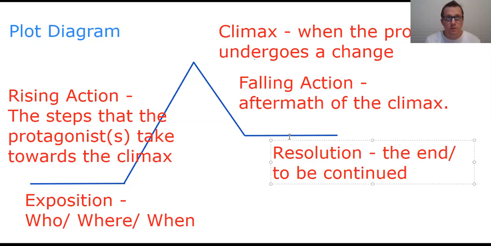If there's a book series with 2, 3, 4, 5 books that go together, each book has its own plot diagram. It follows its own arc, but you put the whole series together. If there's 5 books in the series, just like the TV shows, all the books together combined make one giant story arc. So that's how that works, just like a TV show.